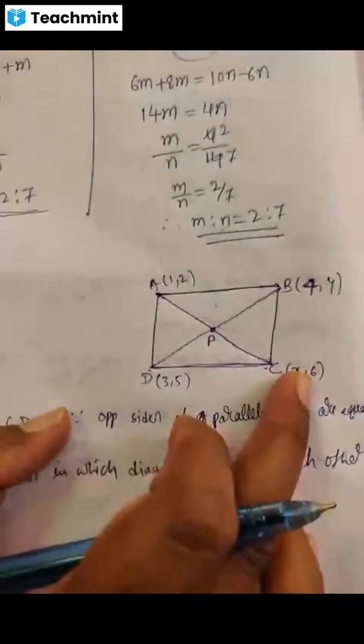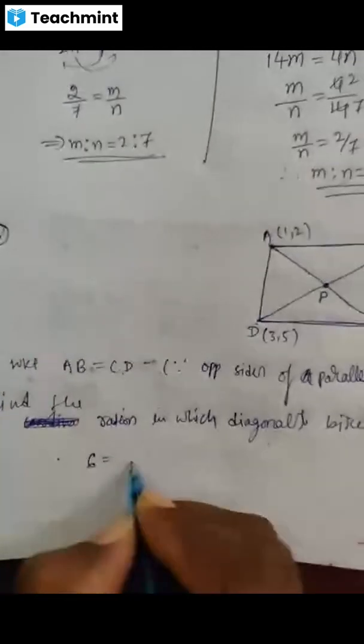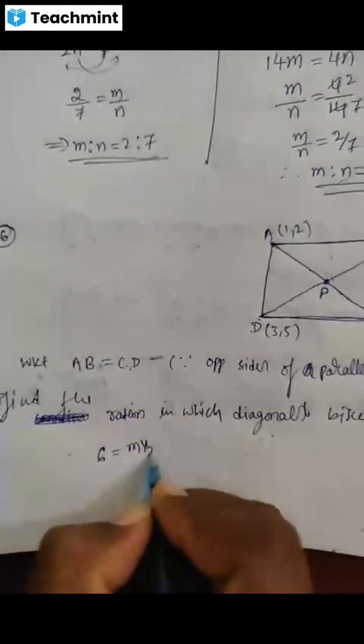Here the x coordinate is not given, the y coordinate is given. Take 6 is equal to (m y2 plus n y1) divided by (m plus n).